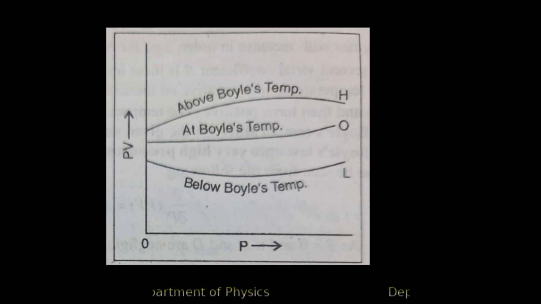Above the Boyle's temperature, with increase in pressure, the product PV also increases.